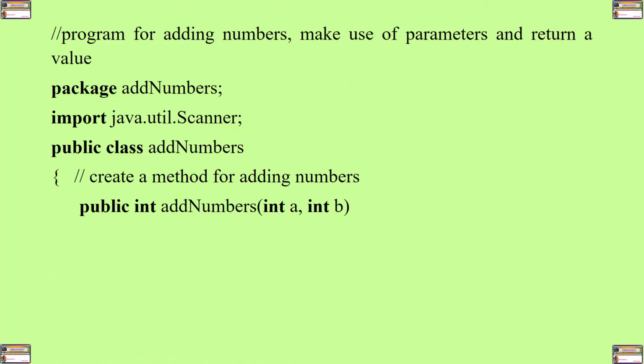So this statement simply means that we are declaring a local variable called result and initializing it with the sum of the two values received, A and B.